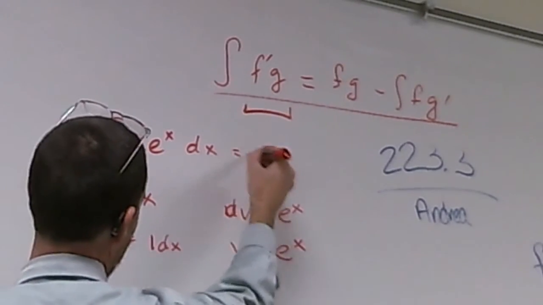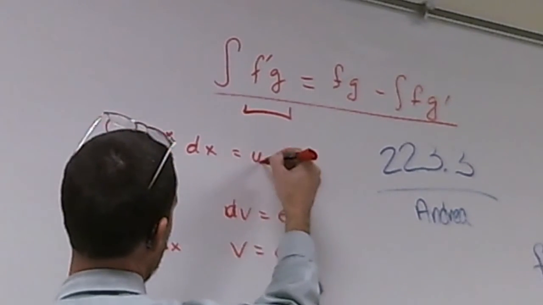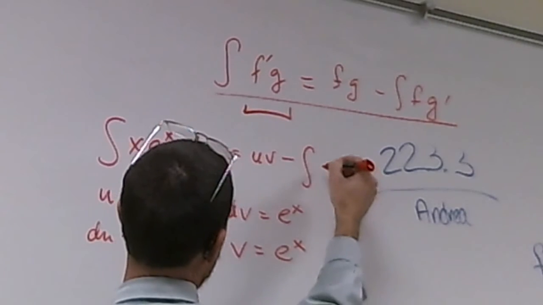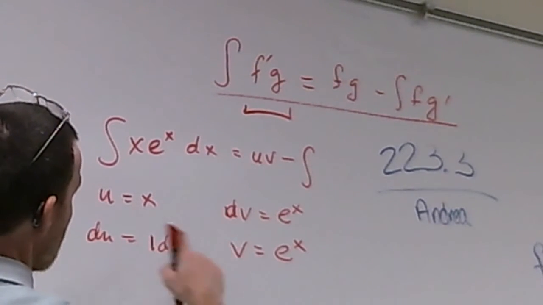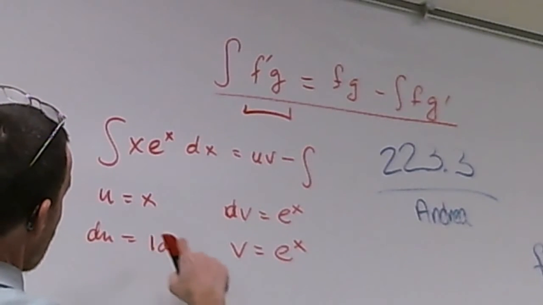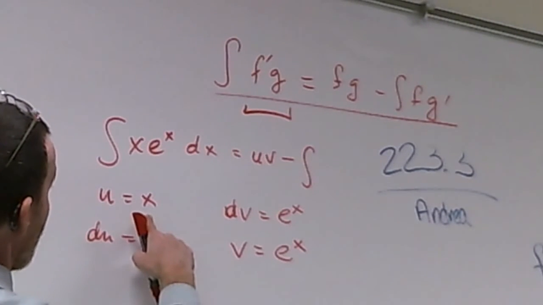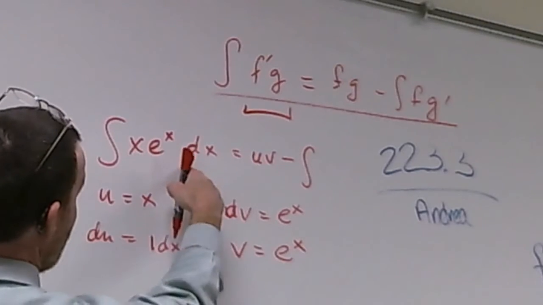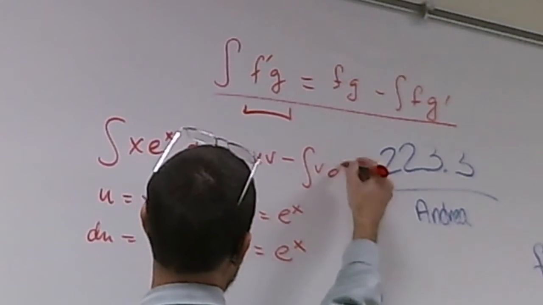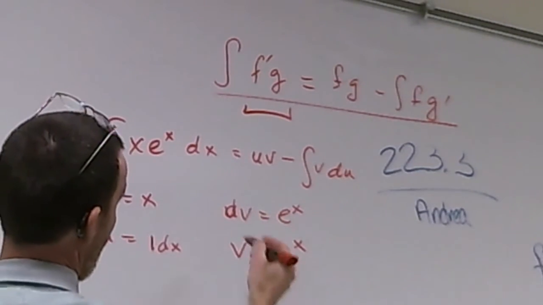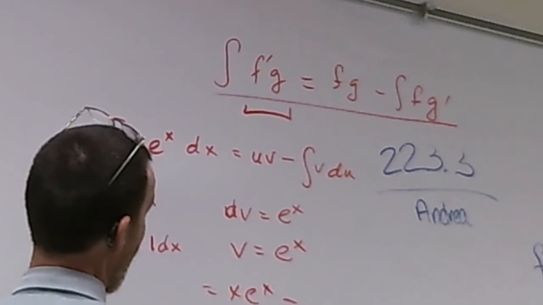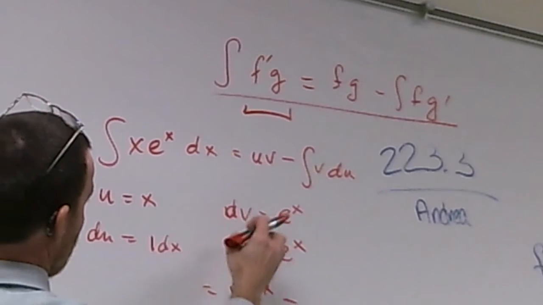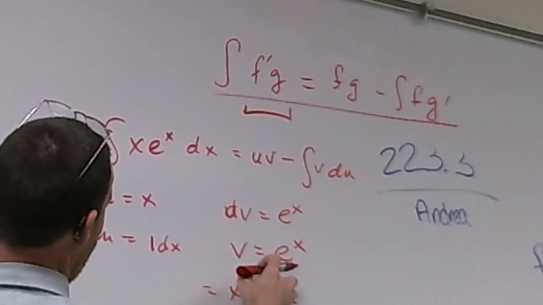And then the formula says uv minus the integral of, see, I did u dv. I use the FG notation. I'm going to confuse myself trying to use the uv notation. x, that's my u dv. So this must be v du. So uv, x e to the x, minus v du, e to the x.